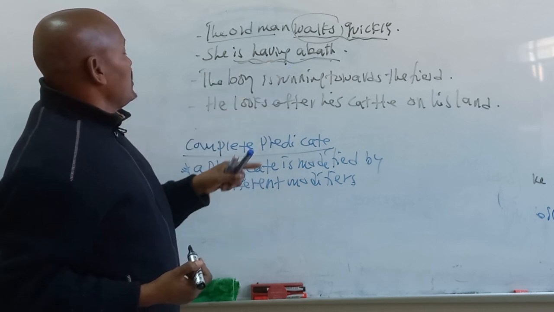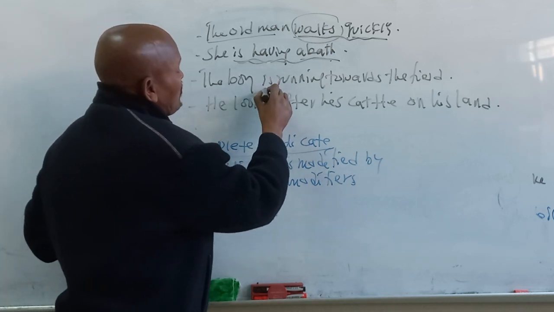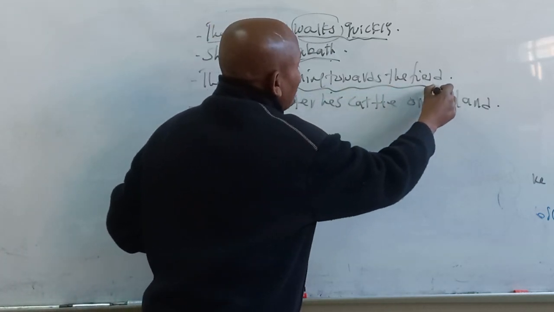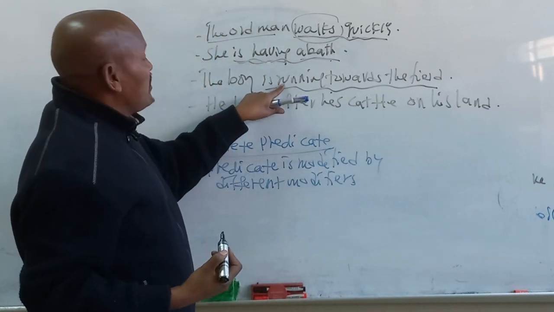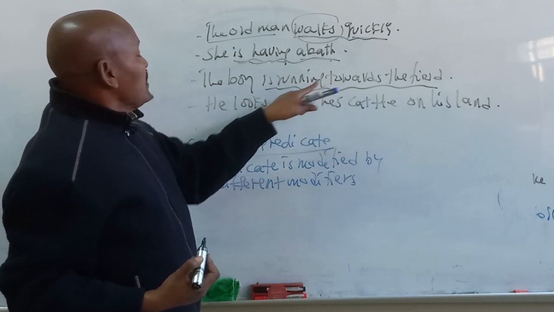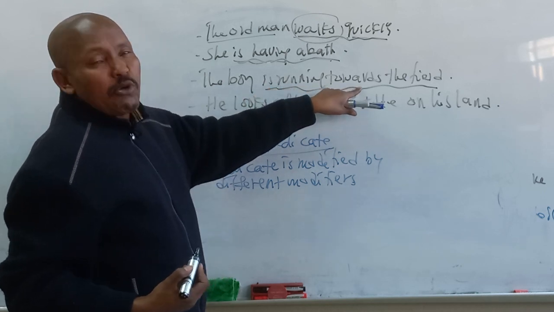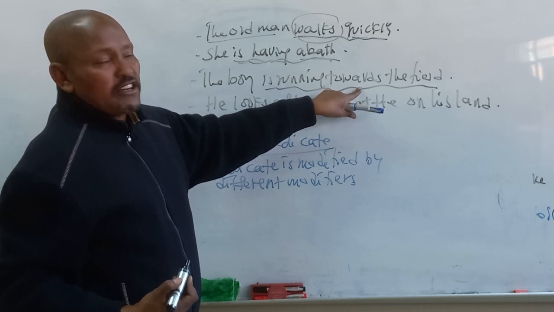Verbuን ገለጸው. The boy is running towards the field. Is running beginning from is running until towards the field, this is called complete predicate. ምክንያቱም is running ግን የገለጸው towards the field የሚለው prepositional phrase ነው. ስለዚህ verbuን በዚህ prepositional phrase modify አደረኩት, more ግልጽ አደረኩት, ዝርዝር አደረኩት.